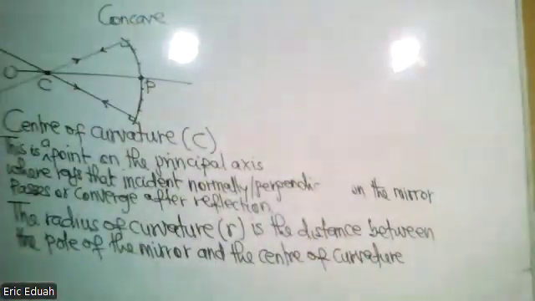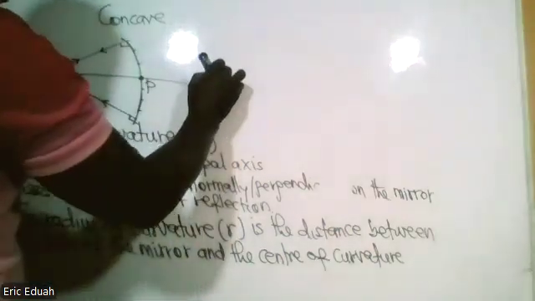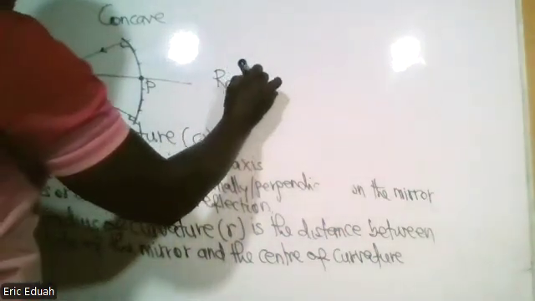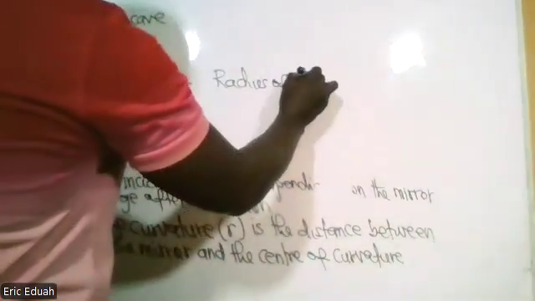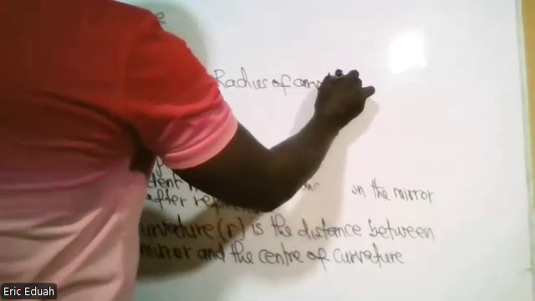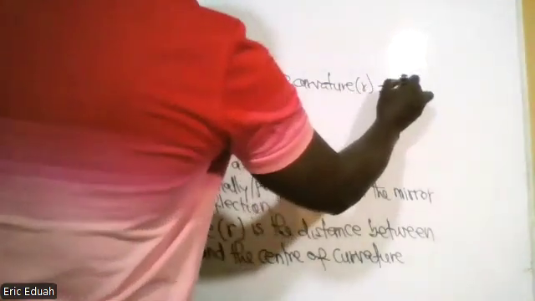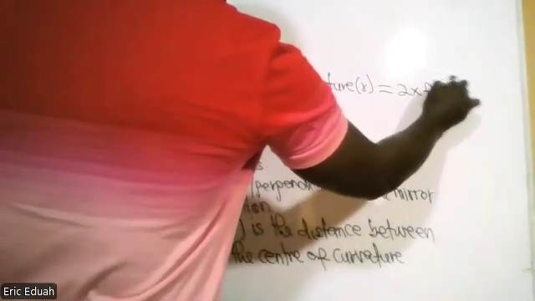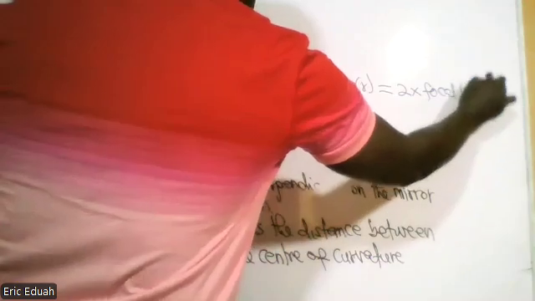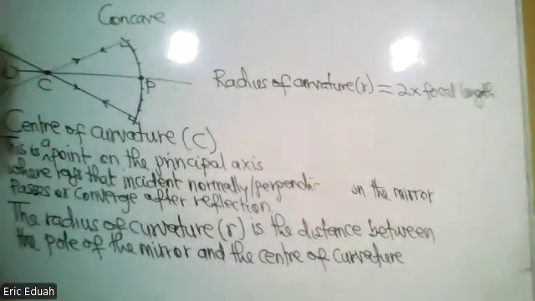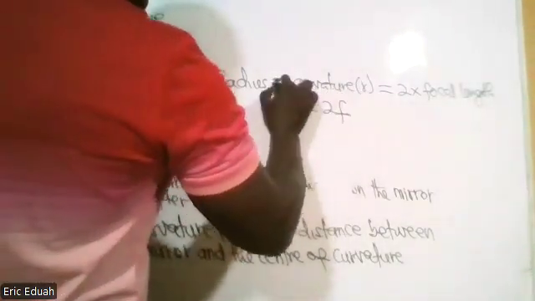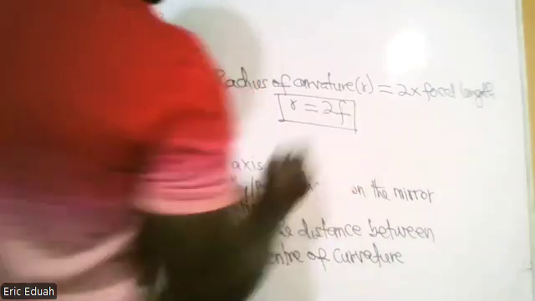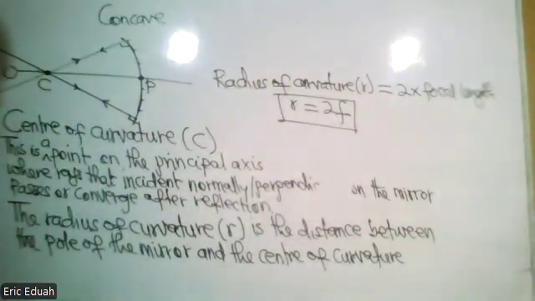And that special relationship is that the radius of curvature R is always equal to 2 times the focal length. We can prove it. R is equal to 2F. This relationship is very, very important. We'll be using it a lot in our discussion.